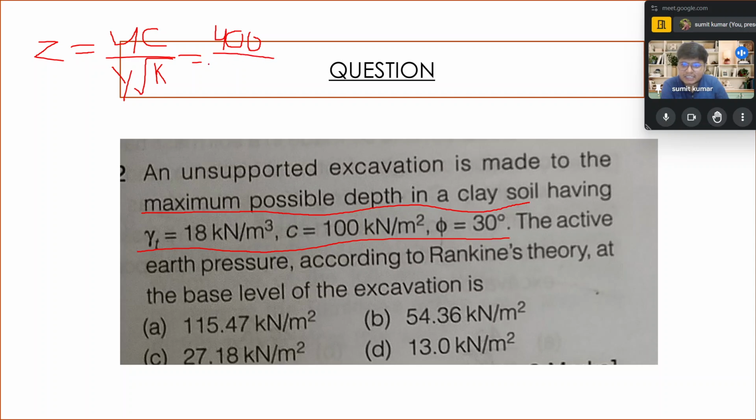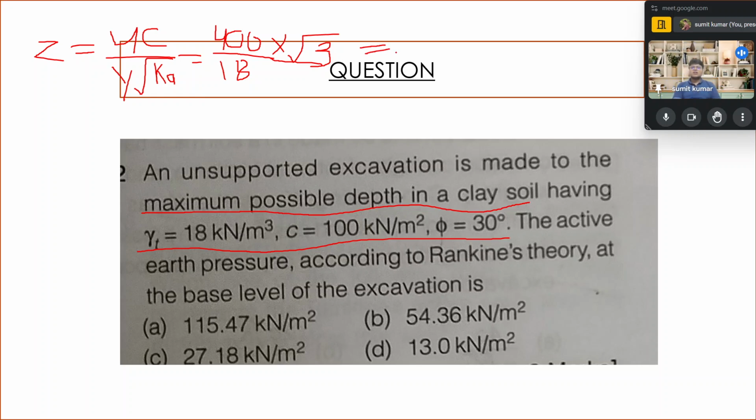Gamma is nothing but 18, so 18 into root K, where K is 1 by 3, so it's multiplied by root 3. When we do this calculation, we are able to find the value of Z.